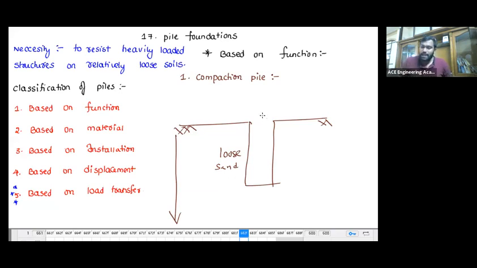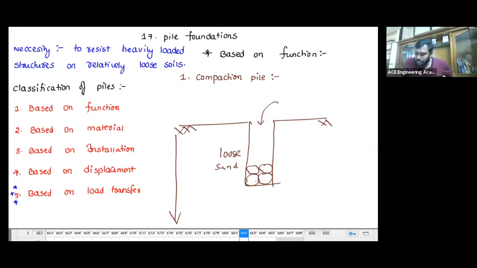So I'll dig a borehole and remove the loose sand. Now I pour a well-graded material like gravel, and I'm not going to stop there. I'll compact it.